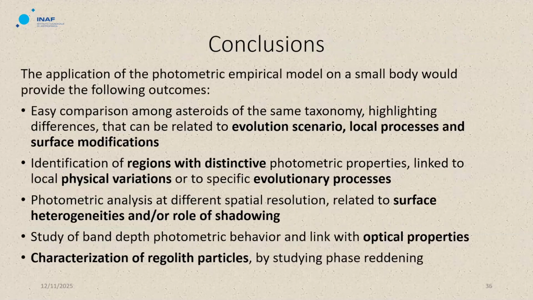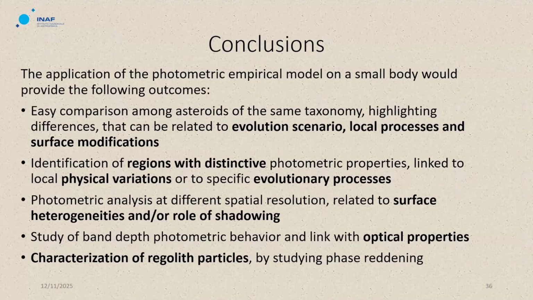So, conclusions. The application of the photometric empirical method on small bodies gives some different outcomes. The first one is an easy comparison between spectrophotometric properties of asteroids, and these are related to the state of the asteroids, to the evolution scenario, to the local processes, because we have a small scale variation, to surface modification.